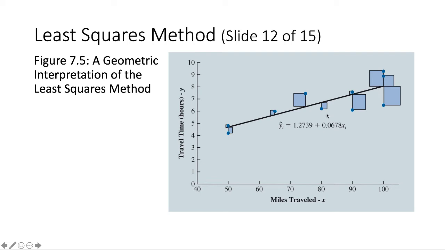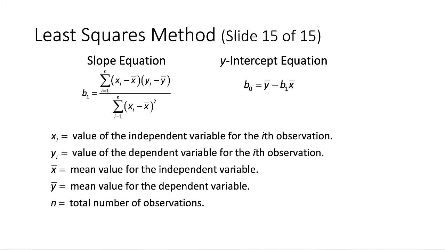When a residual is squared, the resulting value is equal to the area of the square that's formed using the vertical dashed line representing the residual in the figure as one side of the square. We find the linear regression model that minimizes the sum of the squared errors. So this is the slope equation and the y-intercept equation.